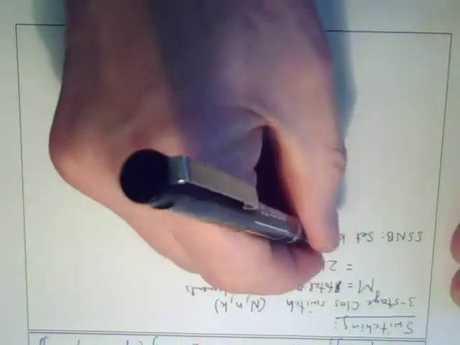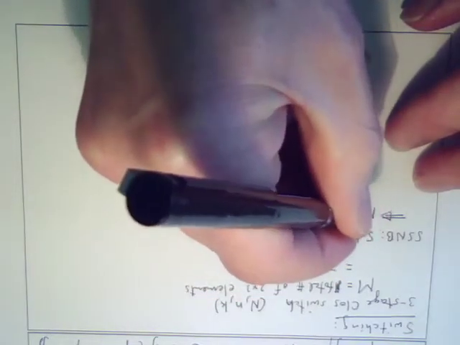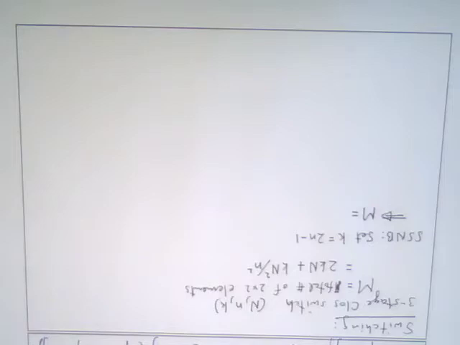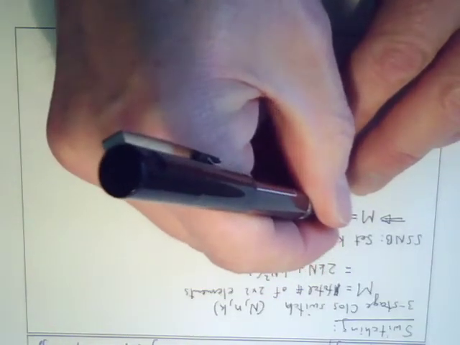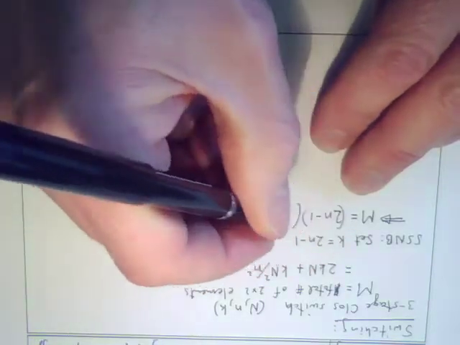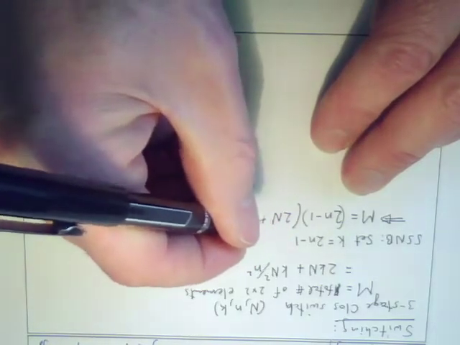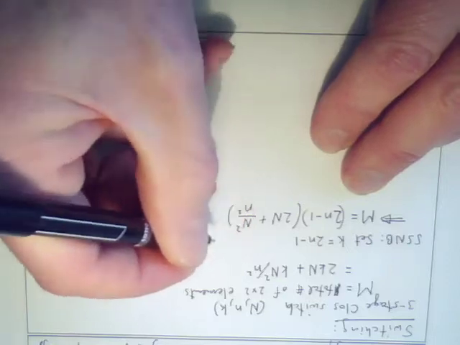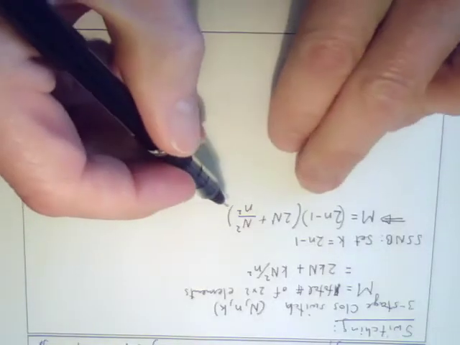If we plug that value into this above equation, then we get the M value for the strict sense non-blocking case. And that comes out to be 2n minus 1 times the quantity 2N plus N squared over n squared. This is given on one of the slides.